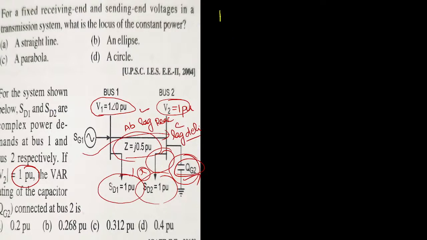Now tell me, what are the real power formula and the reactive power formula at the receiving end? Very simple. Real power is sending end voltage times receiving end voltage divided by reactance X times sin delta. This X is the reactance of the transmission line.